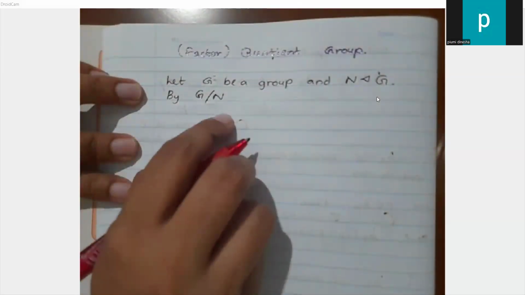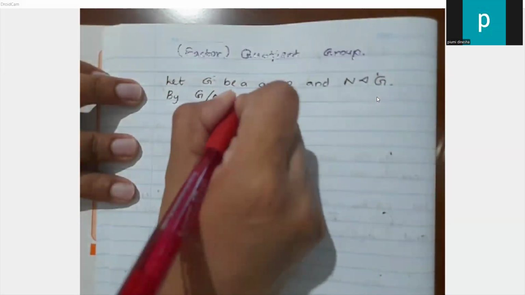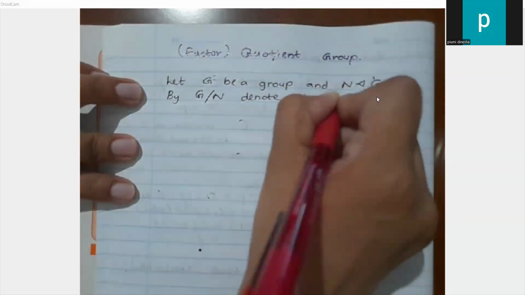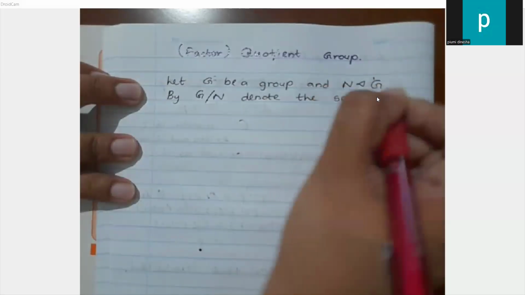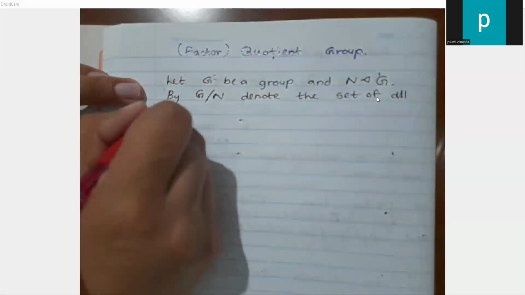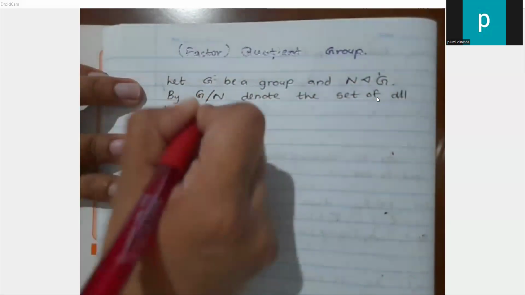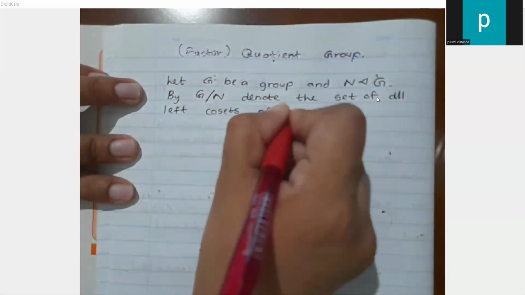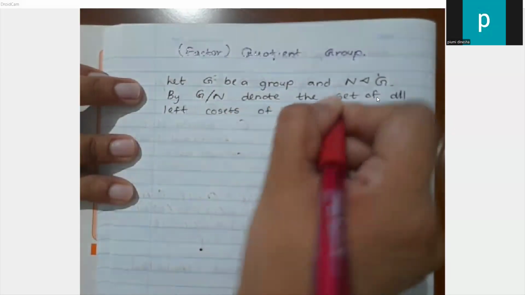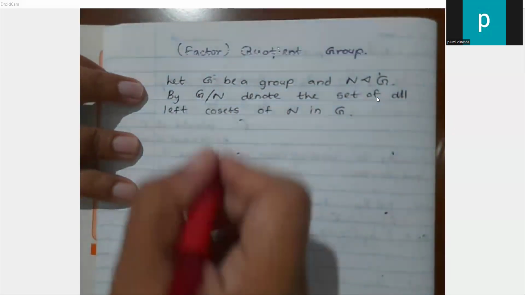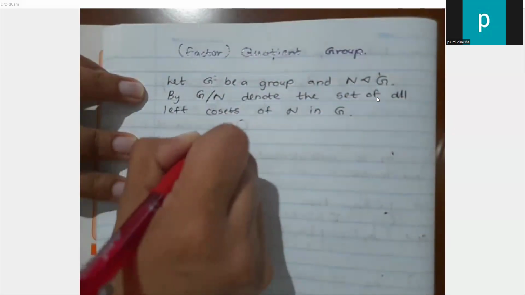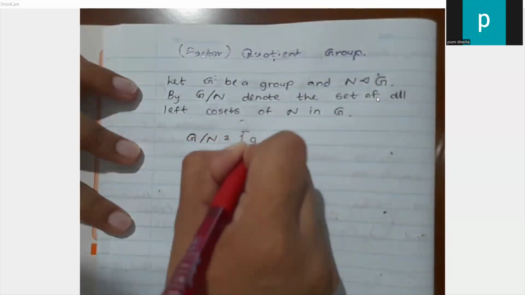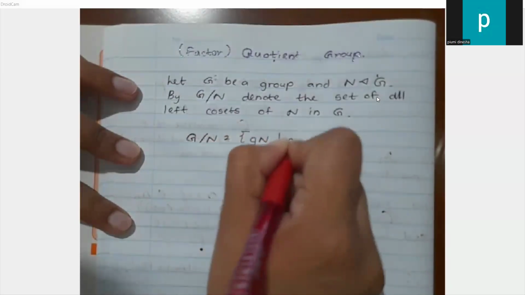By G over N, let's denote the set of all left cosets of N in G. That means by G over N, the quotient by N of G, we define all these left cosets, right?